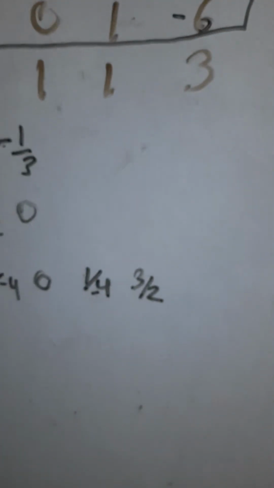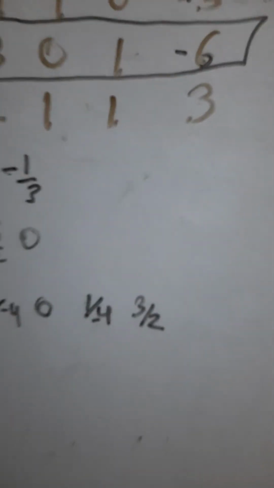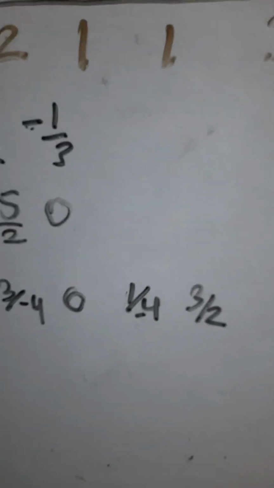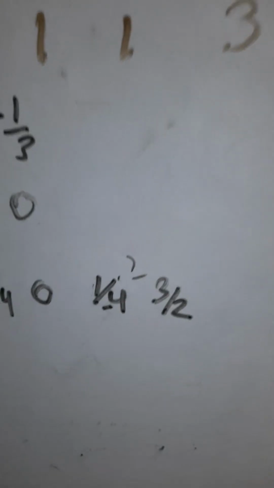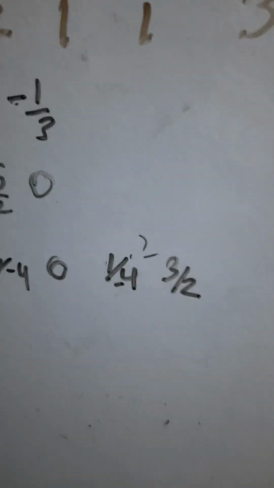Now 1 by minus 4 into 2 is minus 1 by 2, because multiplied by 2, 2 and 4 cancel by common factor 2. 2 ones are 2, 2 twos are 4. Then below we get 2, above we get 1 into 1, which is 1.